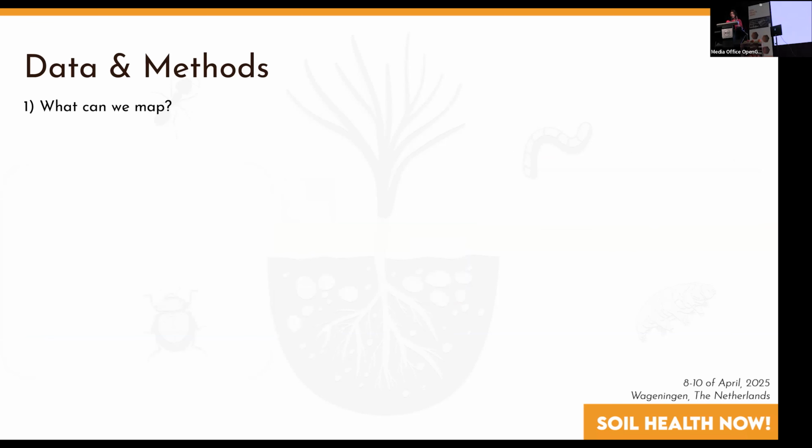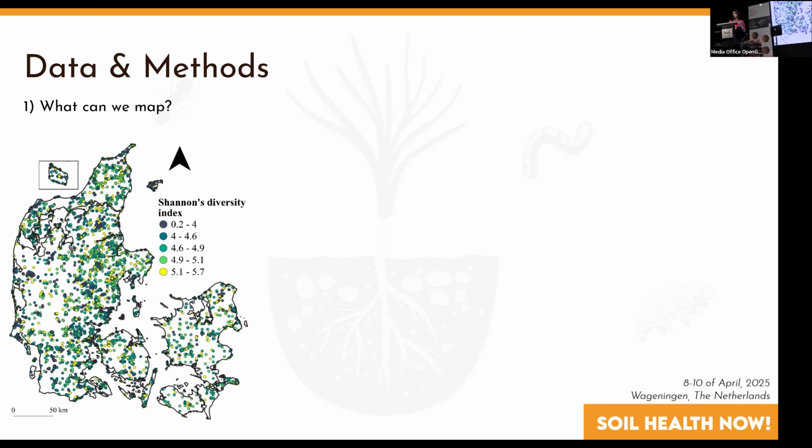So the first question was, what can we map with this huge data set? We can go from very simple indices to very complex representations. We started with one of the most common from the ecological perspective, the Shannon diversity. It is very important and very commonly used in ecology.